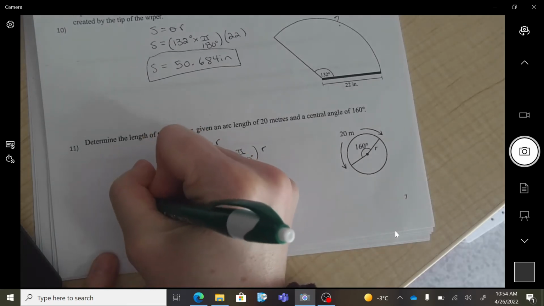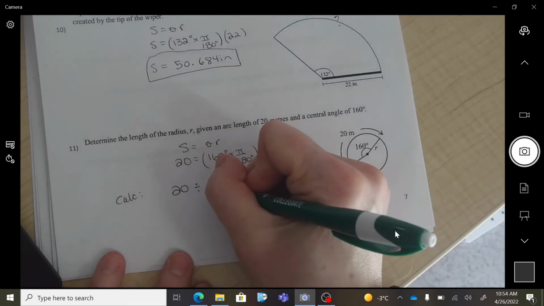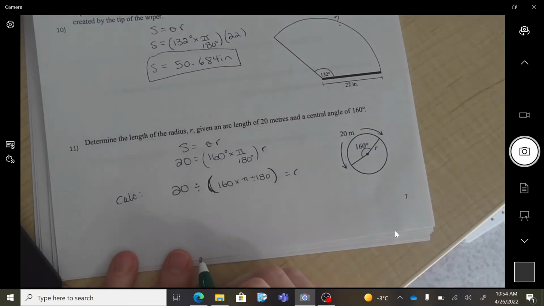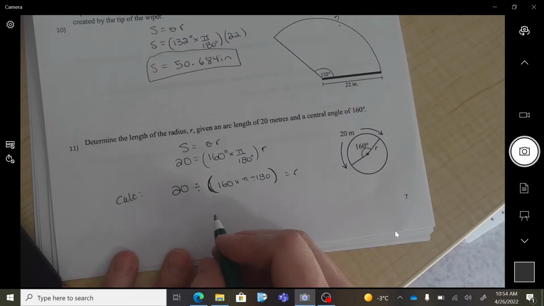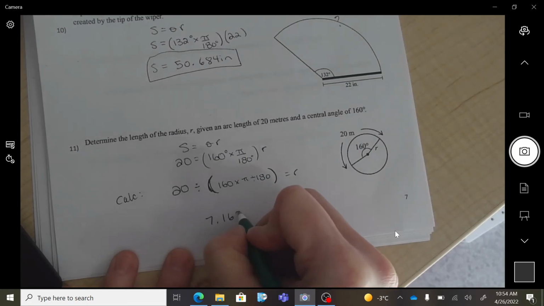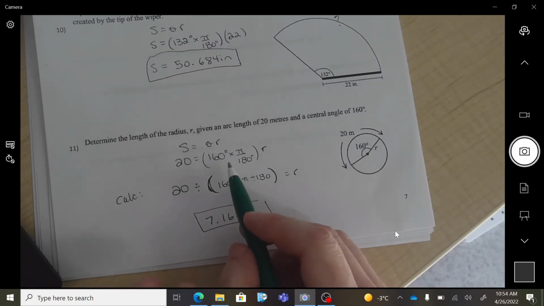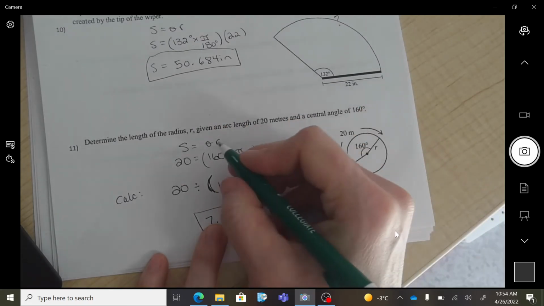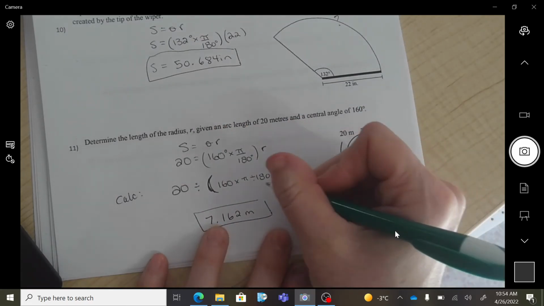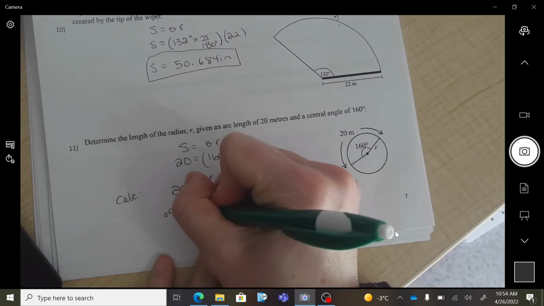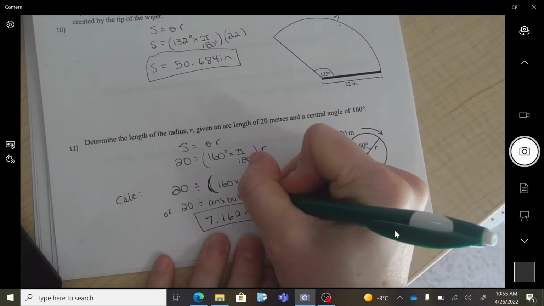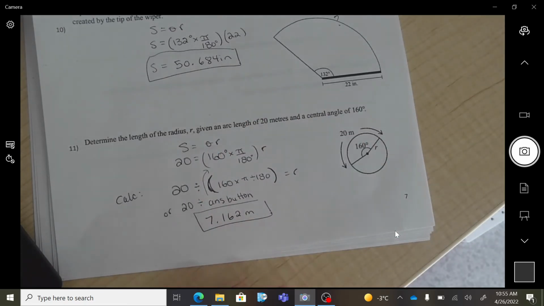So this is what my calculator will be doing. So brackets are important. Okay, so on the final answer you should get 7.162 meters. Okay, if you wanted to, you could have done this first, and then you could go 20 divided by your answer button.